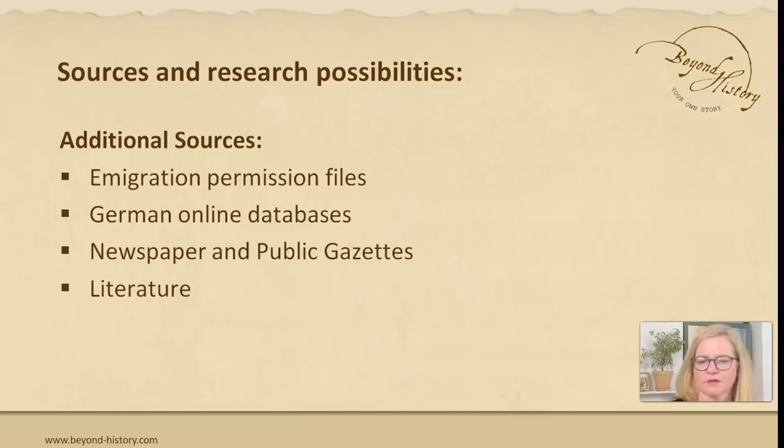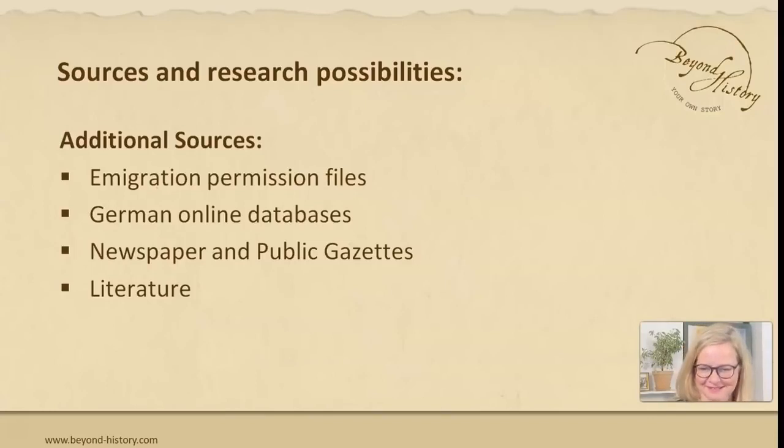And there are several other German online databases. Many of them come from state archives or municipal archives, as well as historical societies. Then there are also the newspaper articles, and there's literature from the time before the internet and all these wonderful technical databases.